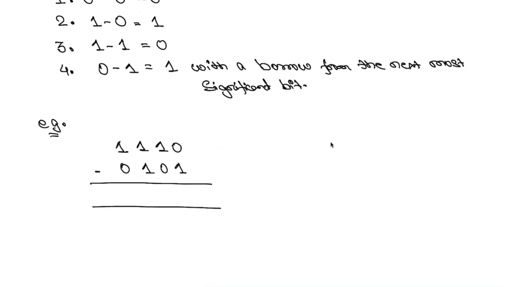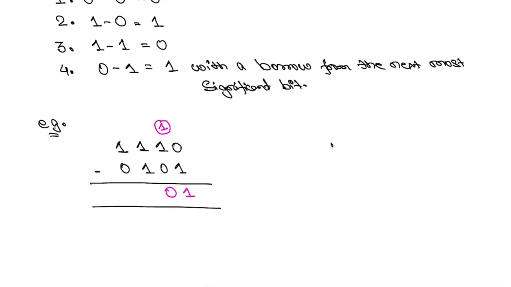Try to understand. 0 minus 1 it will become 1, but 1 we have to borrow here. So what will become? 1 minus 1, 0. 0 minus 1 is what? 1 and 1 we will borrow.